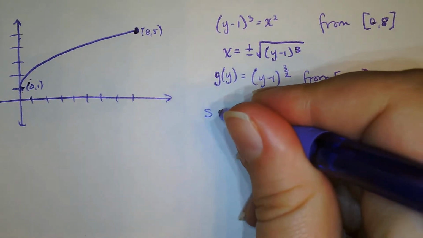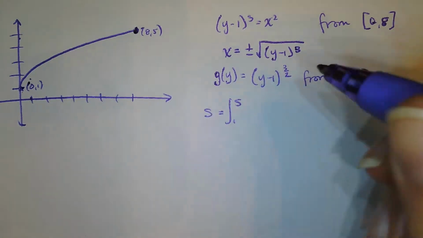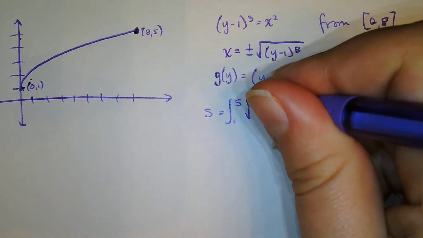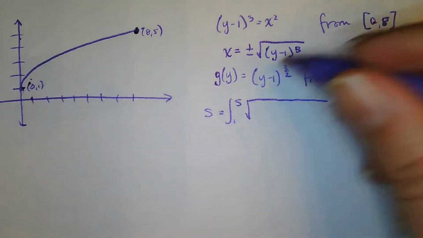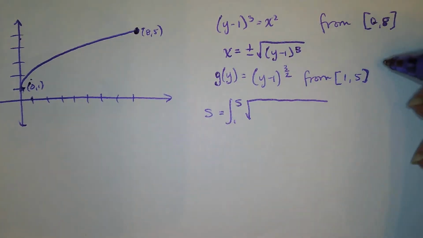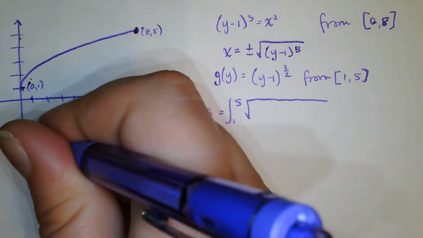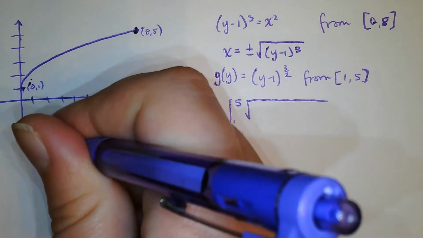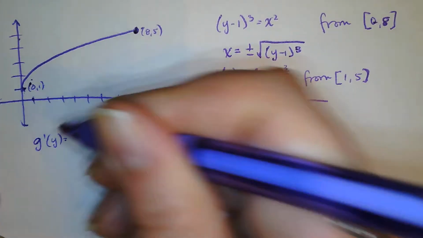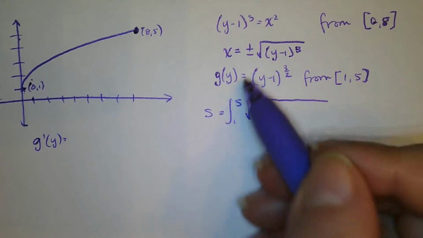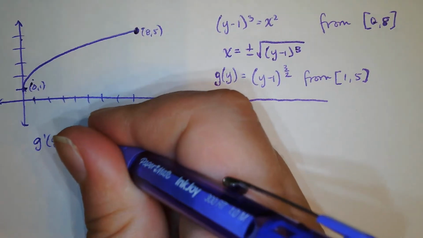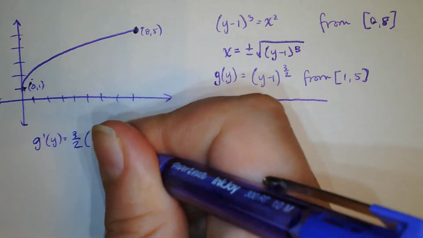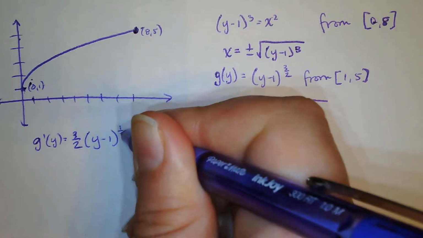So s equals the integral from 1 to 5, because we're doing it in terms of y, of the square root of, oh, we forgot to do the integral here. So g prime of y, I'll have to do that off to the side. G prime of y is going to equal the 3/2 in front, y minus 1 to the 1/2, right?